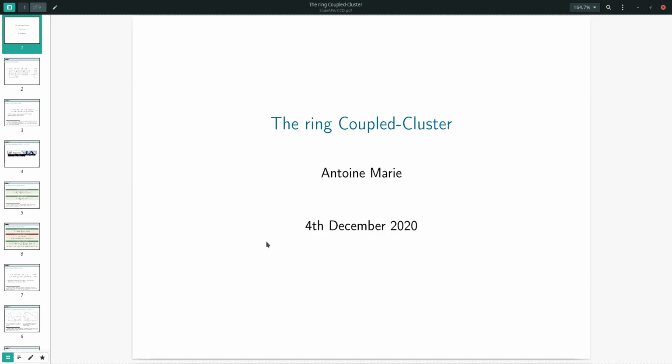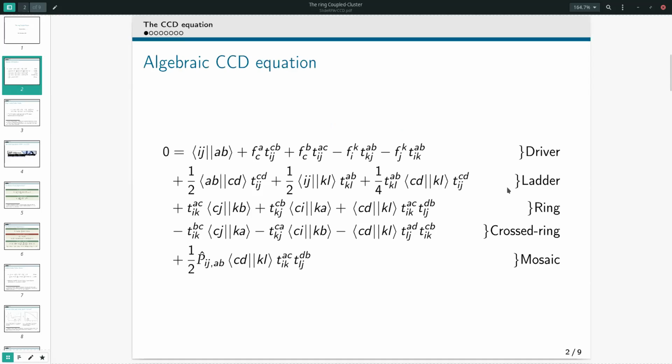Last week, I showed you the distinguishable cluster, where we removed two diagrams based on a physical argument. Here it's more based on the class of terms of the CCD equation.